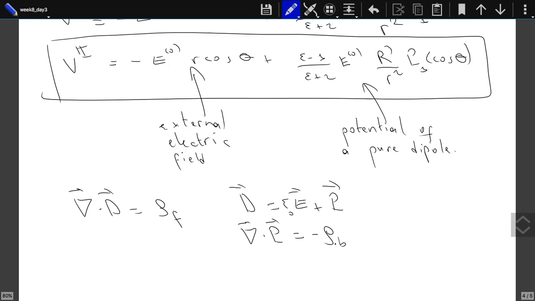So the effect of bound charges is already here in the displacement field. And their effect is in this parameter over here, permittivity. This is where the effects of the bound charges come into the game.